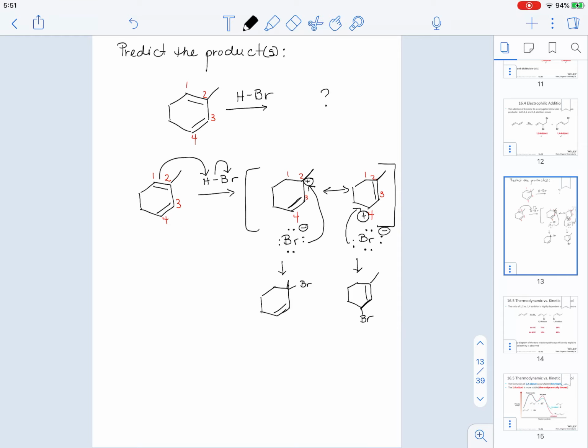Now, if the alkene that does the attack is going to be 3 and 4, I'm just going to write it in the bottom. Let me redraw the molecule.